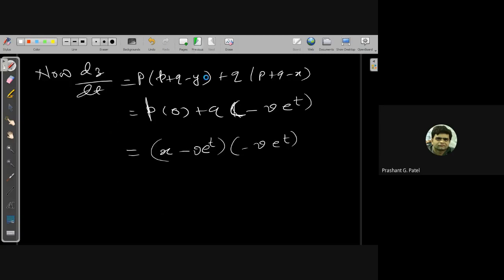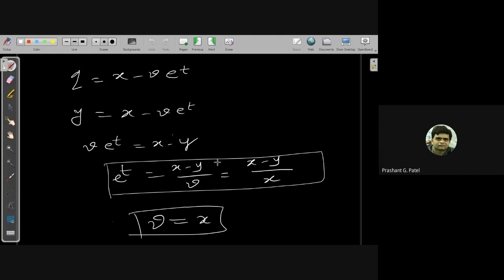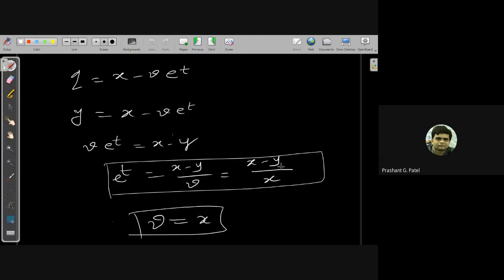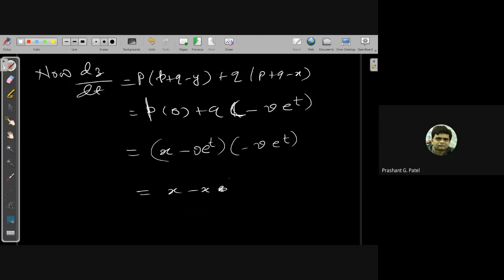But what is the value of v we got? It is x. So it is x minus x e power t, the value of e power t we have, x minus y upon x. Substitute here. That is x minus y upon x into minus of x into x minus y upon x.